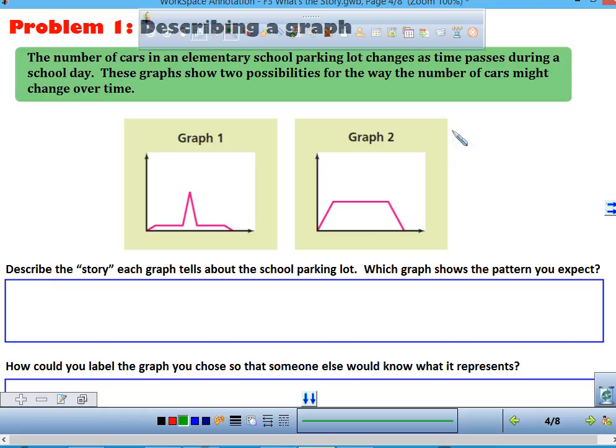You're going to come up with somewhat of a story of what each graph is showing, and then pick the graph that you think best represents what happens in one school day at an elementary school. Discuss with somebody next to you for a couple minutes what each graph is showing, and which one you would think best represents it.